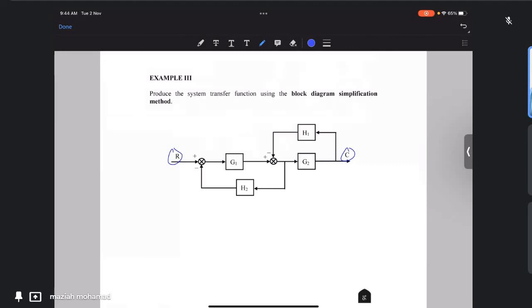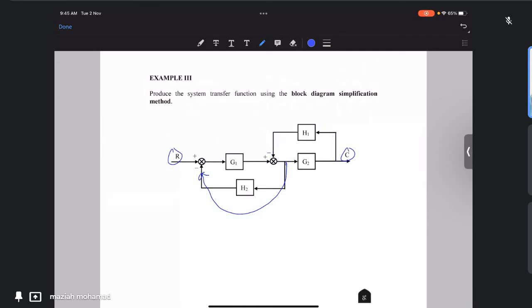If you can see, these are all feedbacks, because this one here is toward the input, feedback to the back. This one also is feedback, so we're going to simplify the blocks using feedback rules.